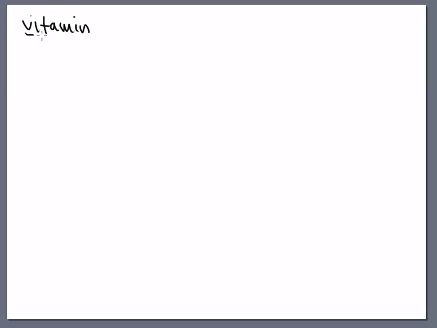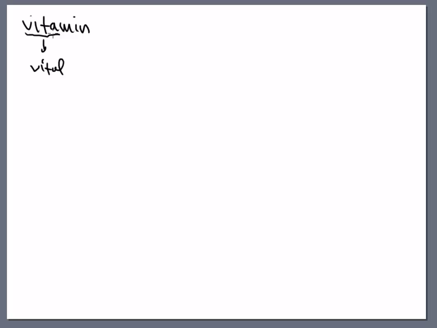So vita means vital. This means that it's important. And what they thought is that we had a compound that was very important to life. Without these vital compounds, your body would shut down and you could possibly die from it. So we took this word vital, we shortened it down a little bit, and we used the vita portion of that word.